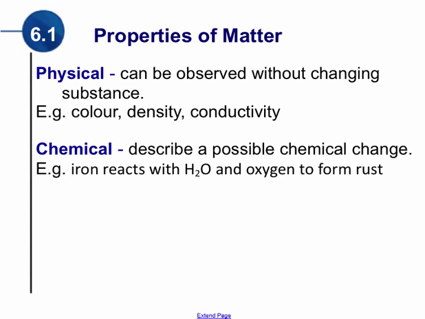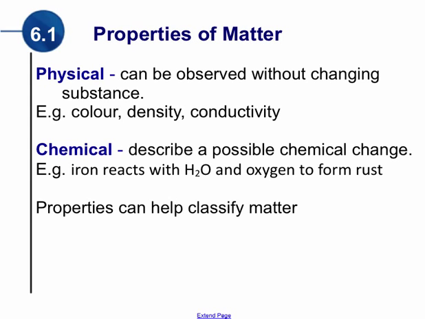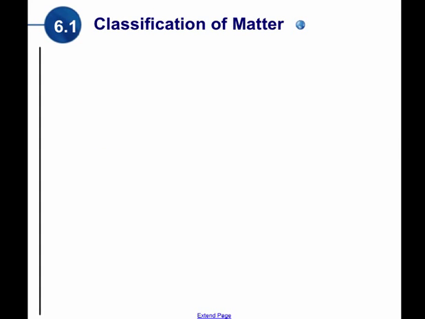Now, as we are looking at these substances, we are also going to use these properties to help classify matter. And science is all about classification. So we're going to classify things, whether they are physical or chemical, and we can actually classify them into even broader and bigger categories when we start looking at classifying this matter.